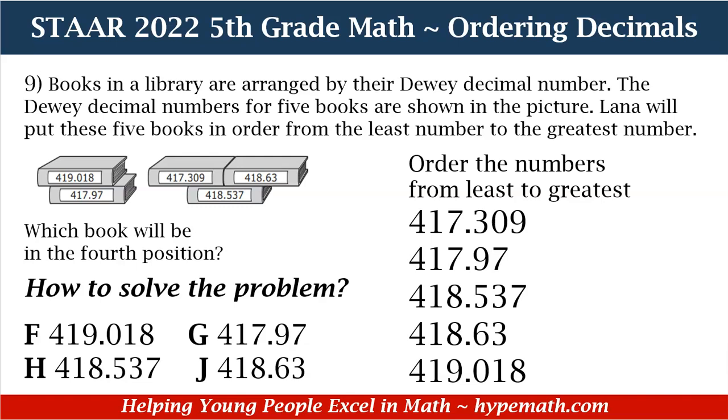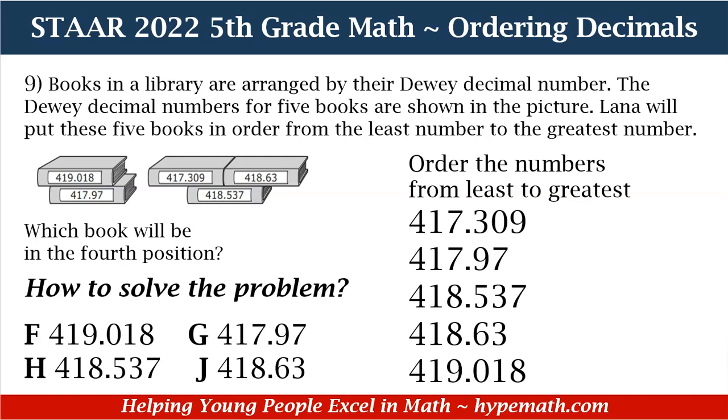In looking at the sevens first, because we are ordering from the smallest number to the largest number, 7 is the smallest number between 7, 8, and 9. Now we need to focus on the two numbers that have a 7 in the ones place. So we move to the tenths place, and we see that there's a 3 and a 9.